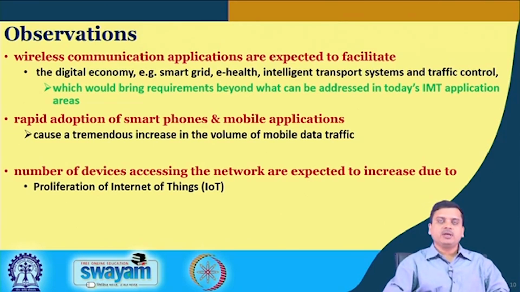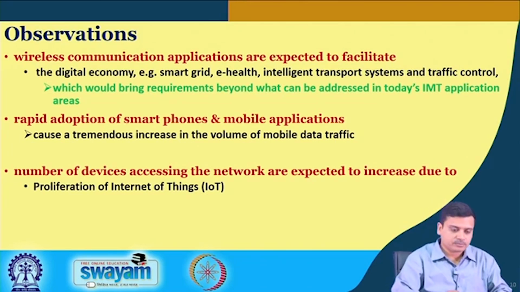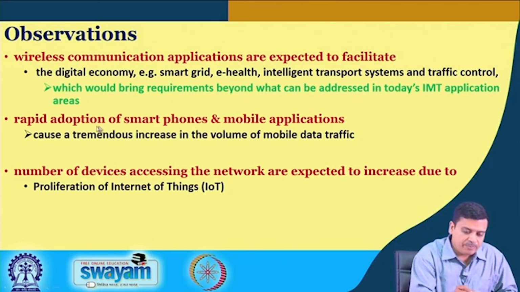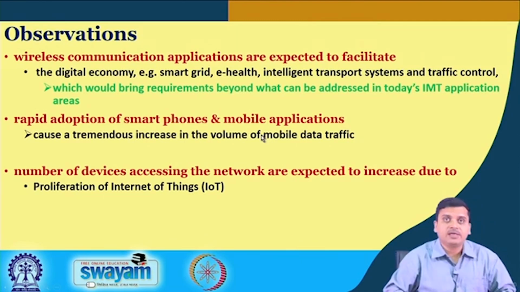That is pretty natural, because the design of IMT-Advanced was based upon certain requirements from an earlier time, whereas after using IMT-Advanced we are coming up with newer requirements. So, it is pretty natural that we need a newer solution, and earlier solutions would be limited in meeting these new requirements. Further, there is a rapid adoption of smartphones and mobile applications.